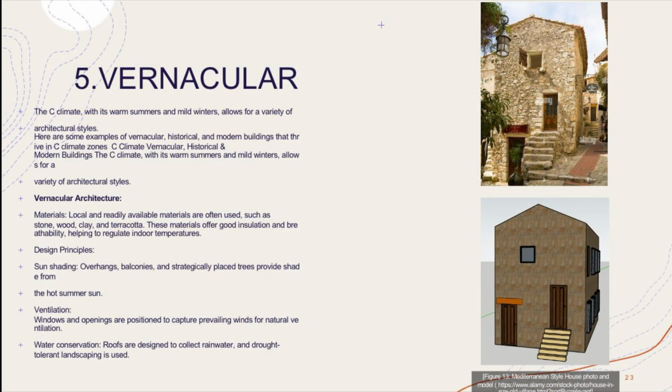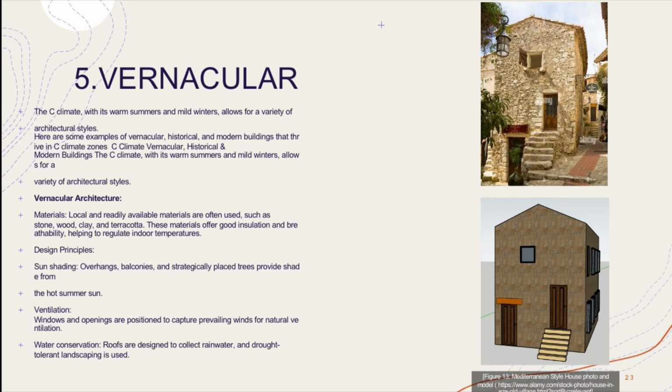I continue with the building types. Vernacular. Materials: local and readily available materials are often used, such as stone, wood, clay, and terracotta. These materials offer good insulation and breathability, helping to regulate indoor temperatures. Design principles: sun shading, overhangs, balconies, and strategically placed trees provide shade from the hot summer sun.